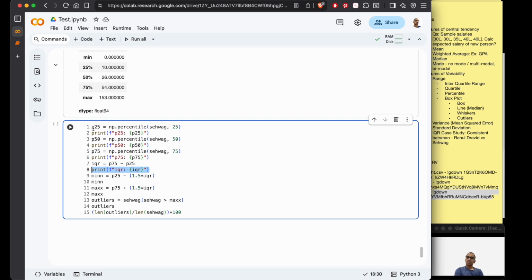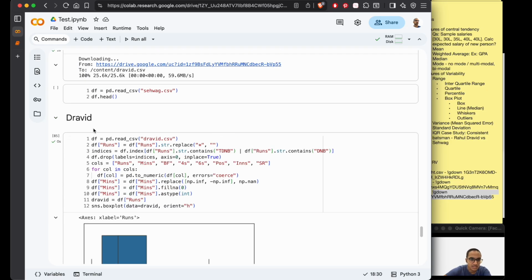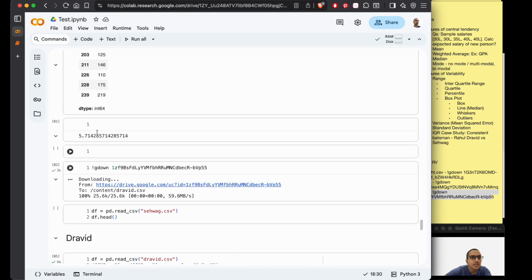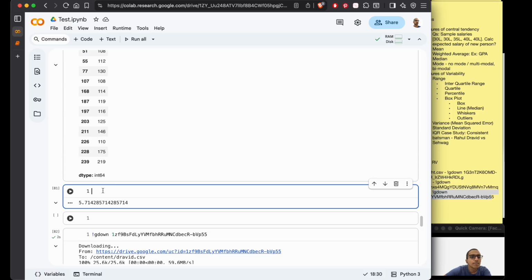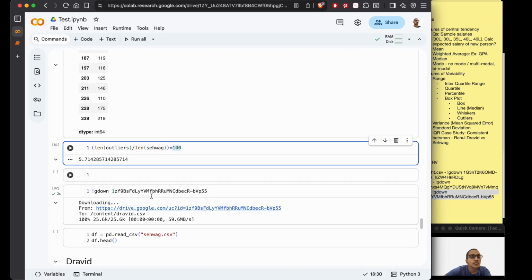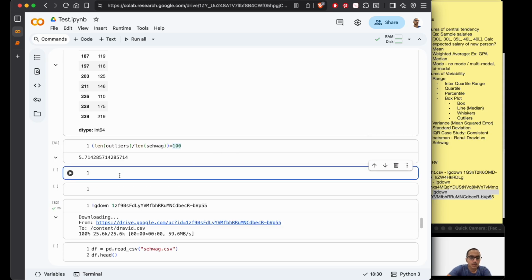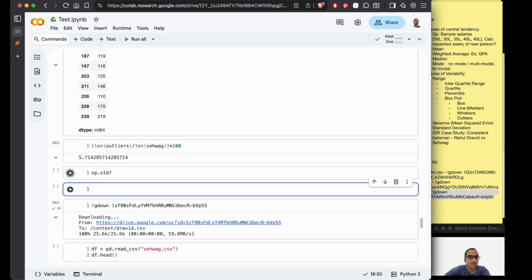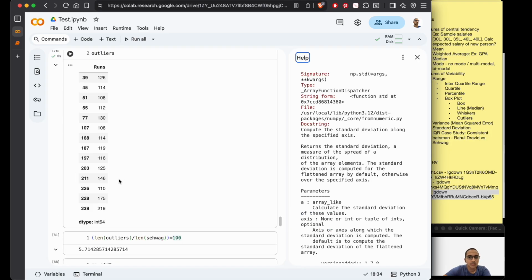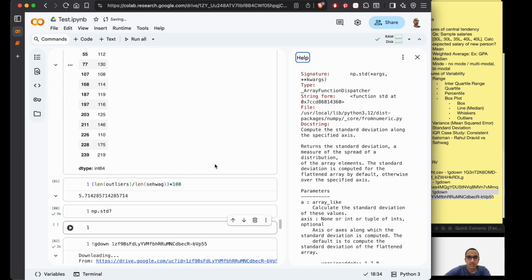No, I think when we compute standard deviation, that might cause issues. So what we will do, we'll first compute the standard deviation. I think it's np.std if I'm not wrong. Yes, that is np.std.